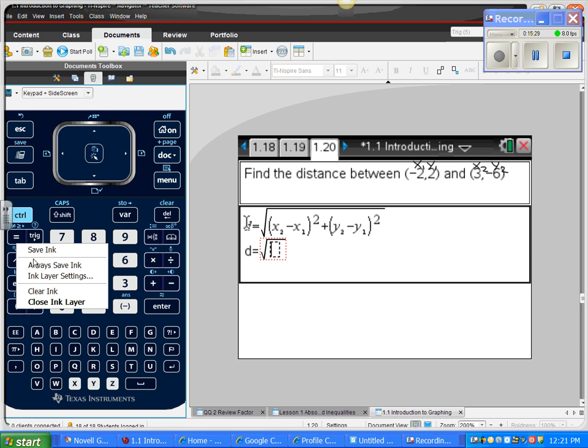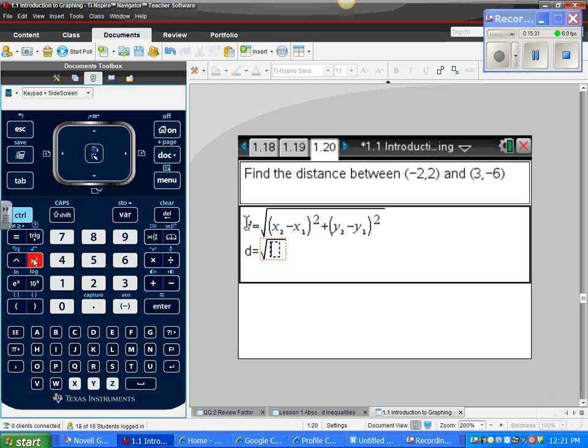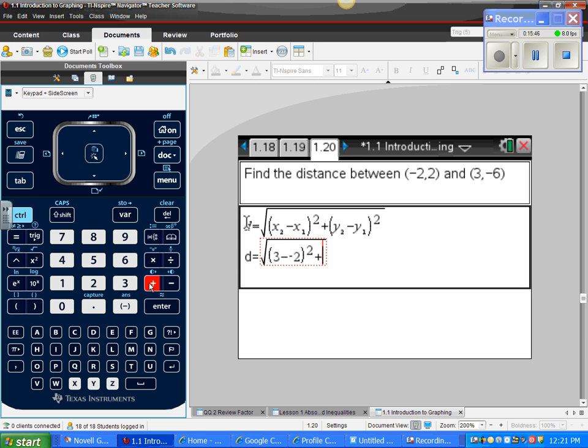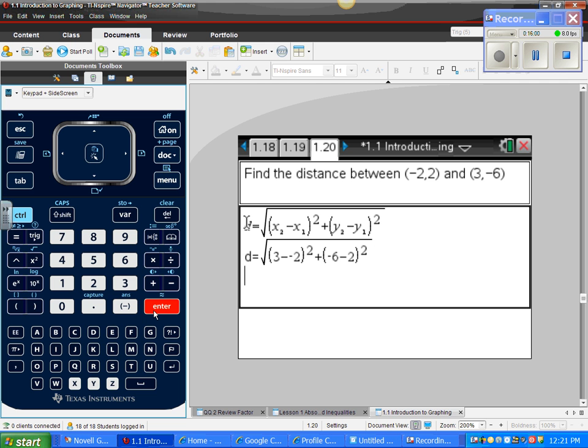So we would have x sub 2, which we showed to be 3, minus x sub 1, which we showed to be negative 2, squared, plus y sub 2, which is negative 6, minus y sub 1, which is 2, squared.